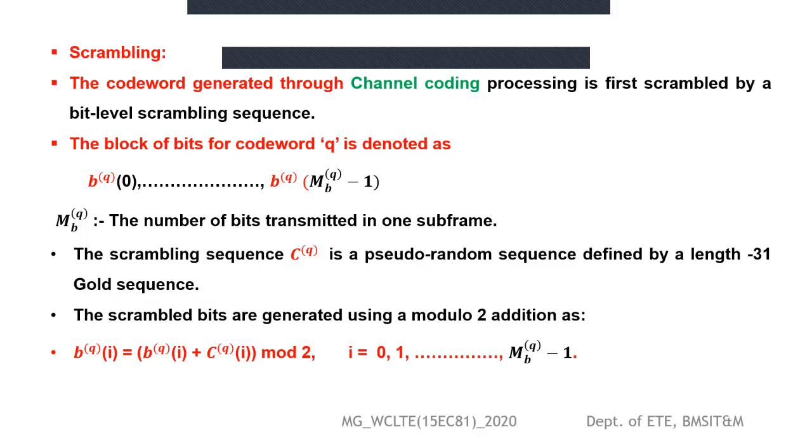As I said, this is the scrambled sequence, which is generated using the length-31 Gold sequence, XORed by using the modulo 2 operation.